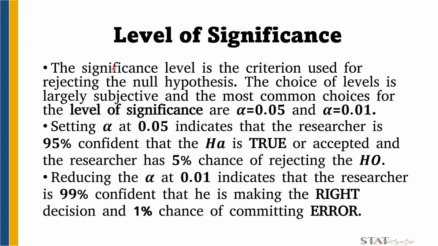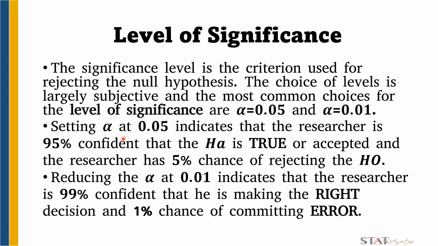So the significance level again is the criterion used for rejecting the null hypothesis. The choice of levels is largely subjective and the most common choices for the level of significance are alpha equal to 0.05 and 0.01, or 5% and 1%.